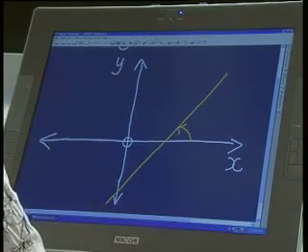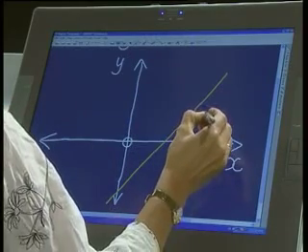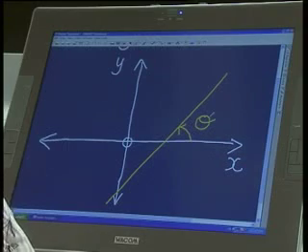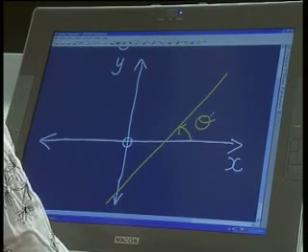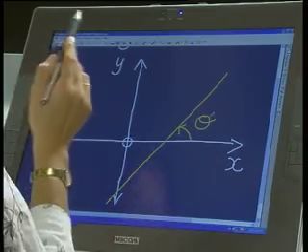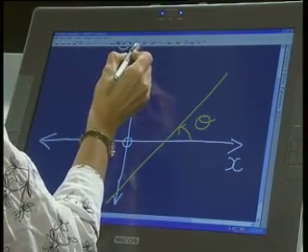I'm just going to call that angle theta. They've given me degrees here. Just one moment, let me follow through with what I'm saying. I'm defining everything that they've given you.